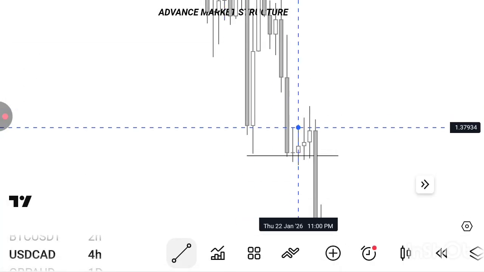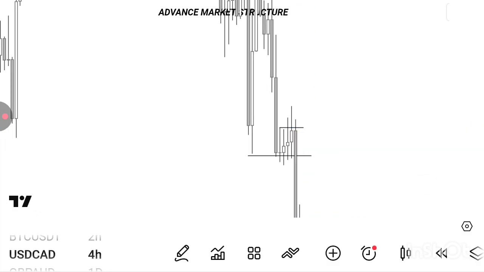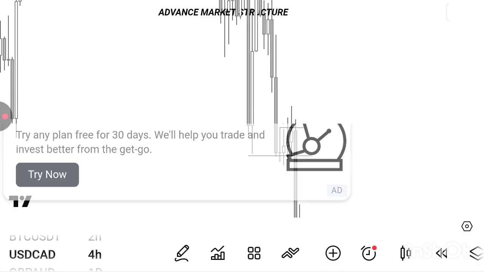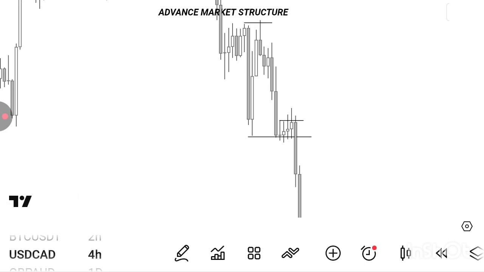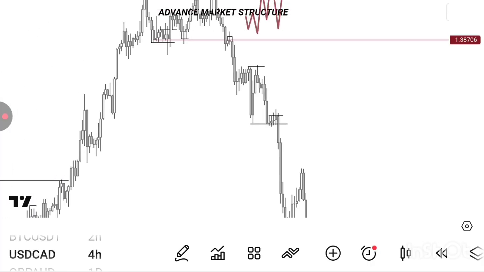If you understand advanced market structure, although should I say there's nothing like advanced market structure? I don't know how to put it, but you just need to understand that price does not move in a straight line. Price does not move in a straight line, right? If it were actually moving in a straight line, then every person, even a person that is not okay, can come into the market and make a lot of money from the market.